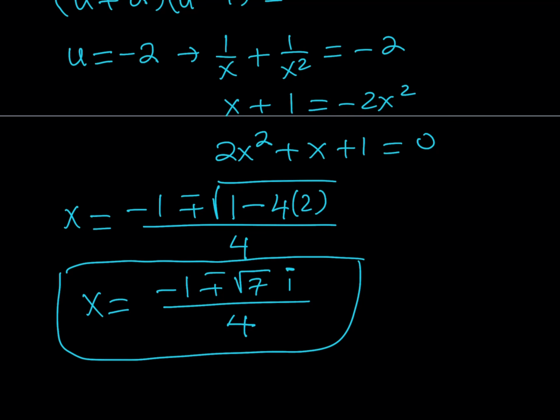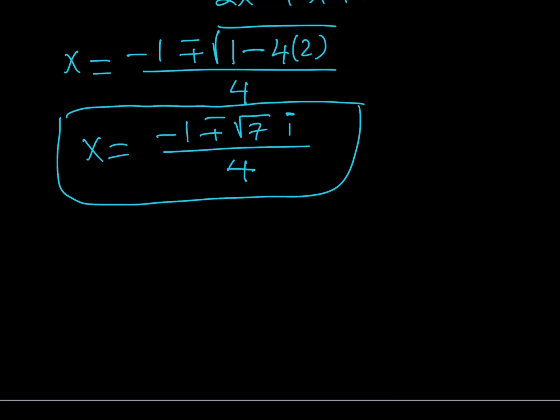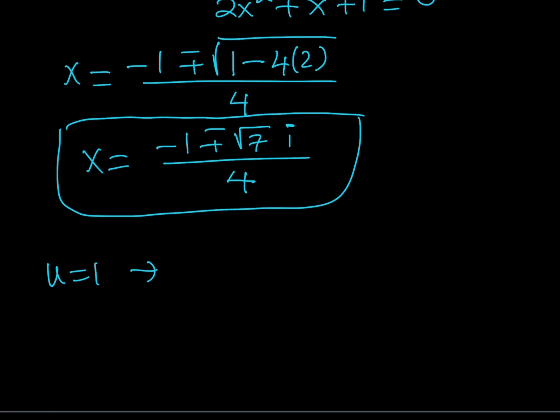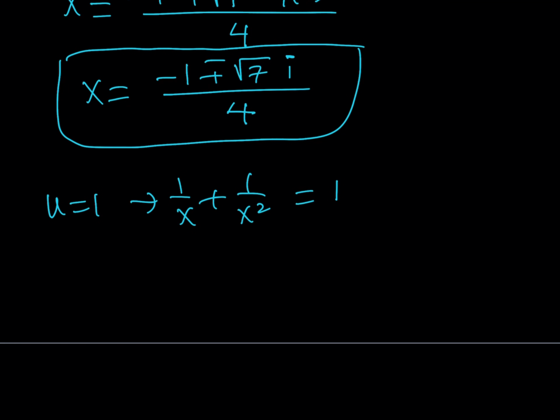The other set is going to come from u equals 1, which implies that 1 over x plus 1 over x squared equals 1. And then if you do the same thing, multiply both sides by x squared, you get x plus 1 equals x squared. X squared minus x minus 1 equals 0.